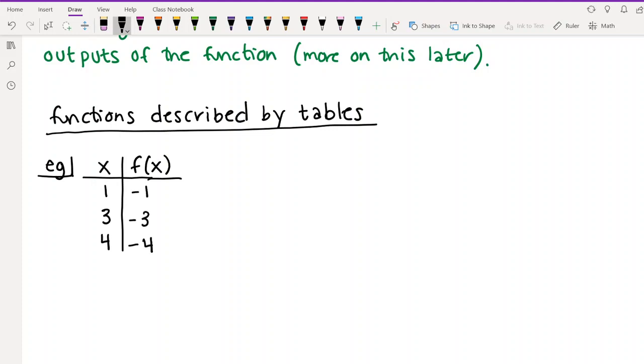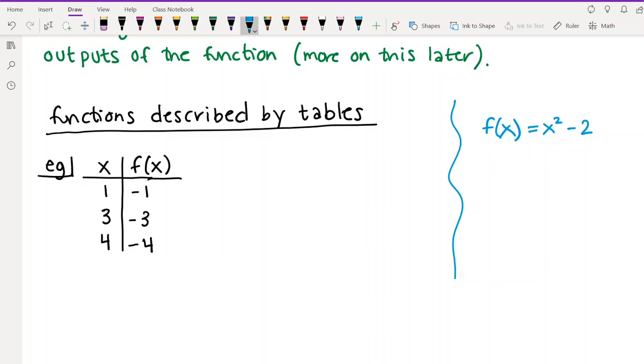So what I want to say is that there's a difference between a function that is described or defined by a table and making a table for a function. If you have a function that's described by a formula, let me write down a side example, unrelated: f of x is equal to x squared minus 2 or something, you can make a table for that function, right?